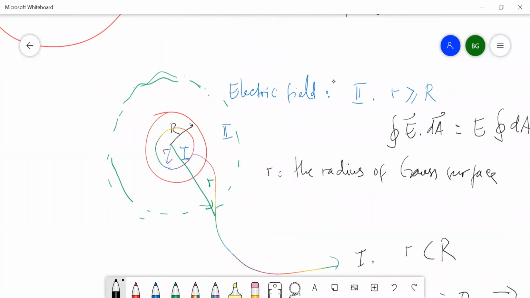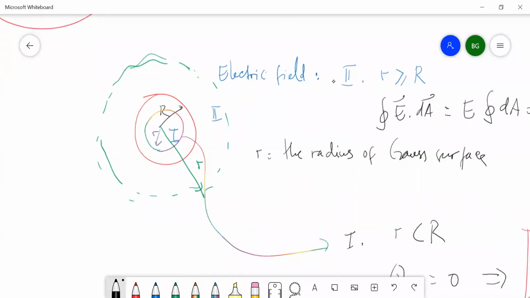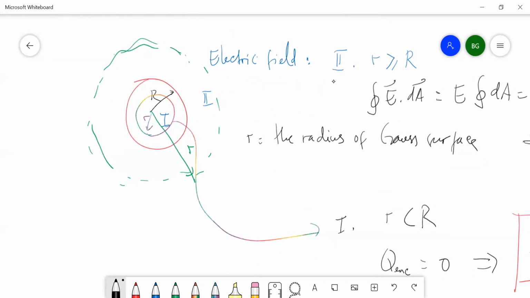Okay, this is the case of continuous charges. So the solid sphere, we'll discuss later, maybe after this one.